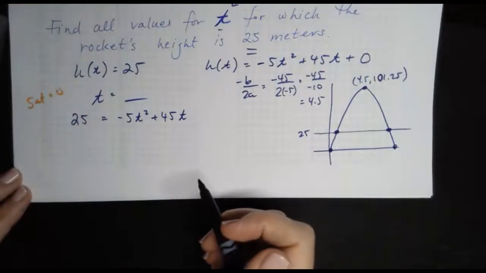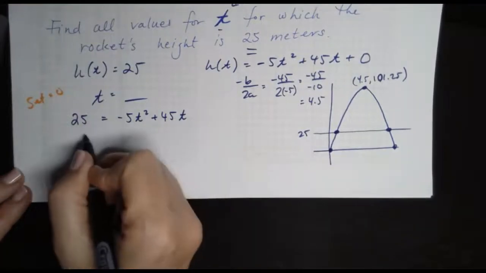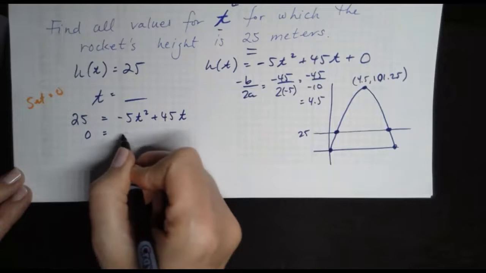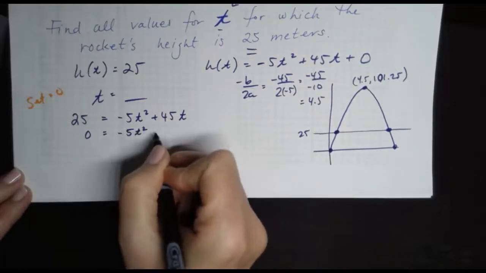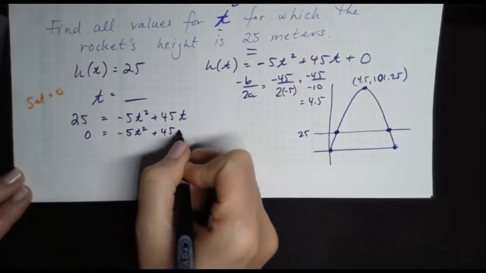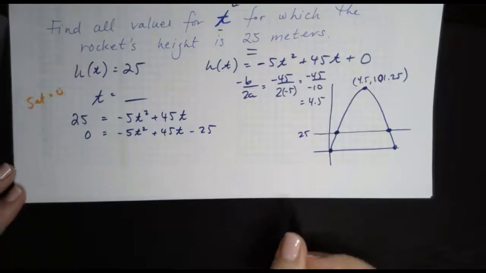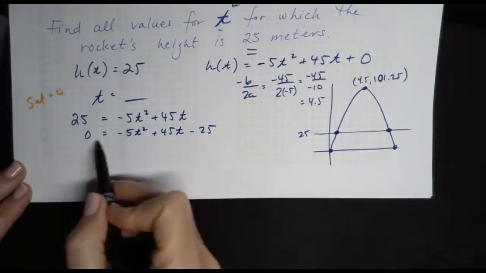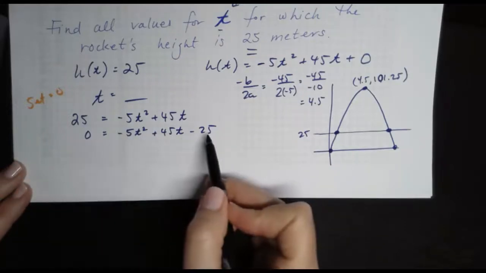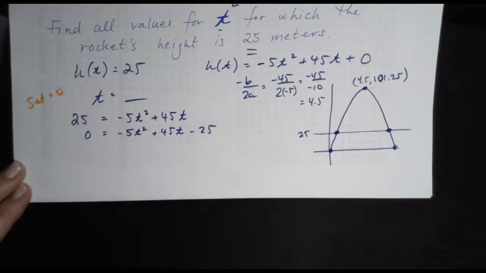So in order to do that, let's bring the 25 over. 0 equals negative 5t squared plus 45t minus 25. So as we discussed in class, look at all the numbers. They are all divisible by 5 all the way across.